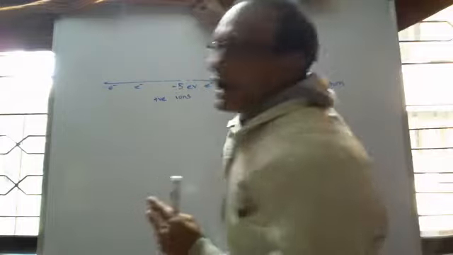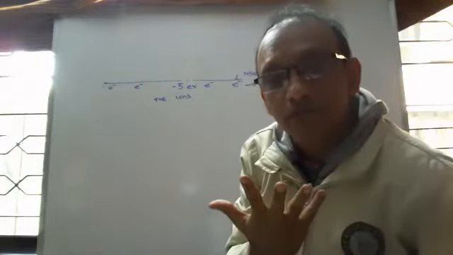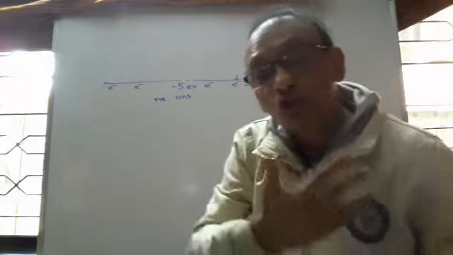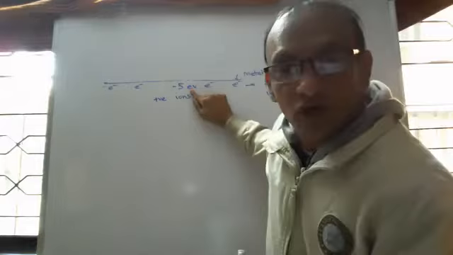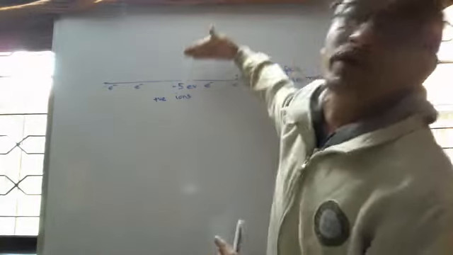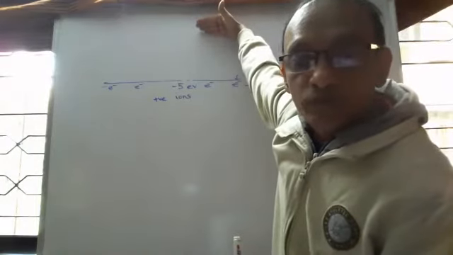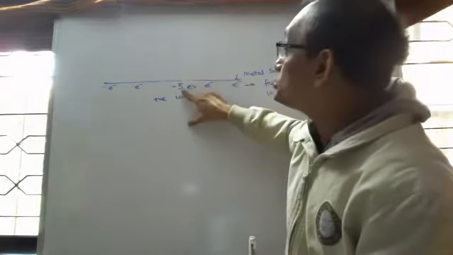If you want it to escape to infinity, मतलब इसका energy 0 बनाना पड़ेगा. कैसे बनाओगे? अगर इसको 5 इलेक्ट्रॉन वोल्ट दोगे ना, तो इसका एनर्जी 0 हो जाएगा, ये इंफिनिटी में जा सकता है. Means it can overcome the barrier and go to infinity. That means how much of energy you would have to supply.